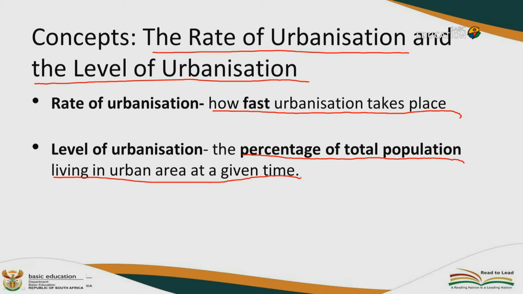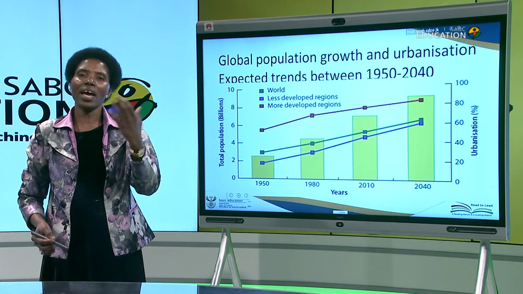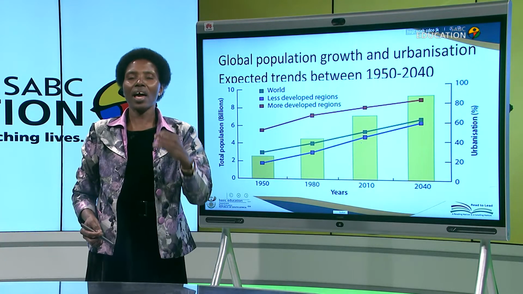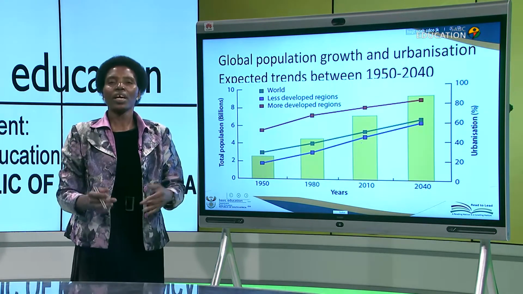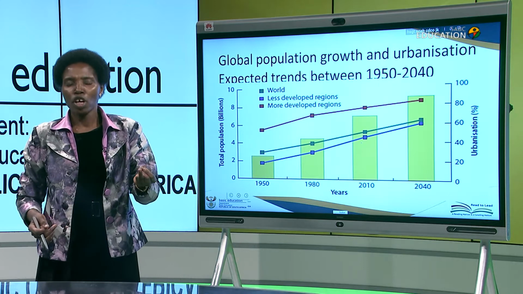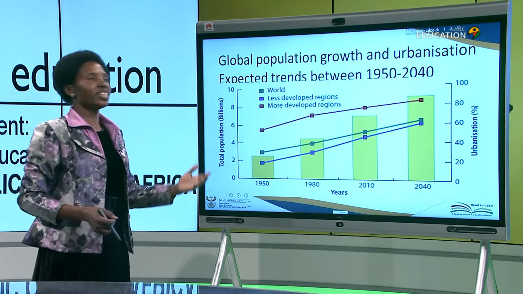Okay, let us look at the graph that I gave you here. It's very important, grade 12, to look at the graph. In the exam, you'll have different kinds of graphs. You'll have a pie chart with data that you need to study, you'll have a bar graph, and you'll have a line graph. Let us look at how we can interpret graphs.